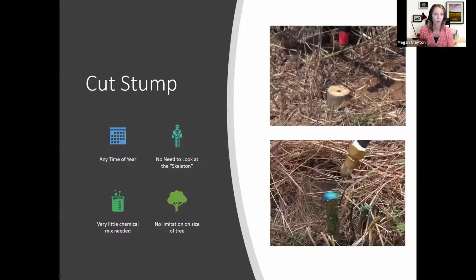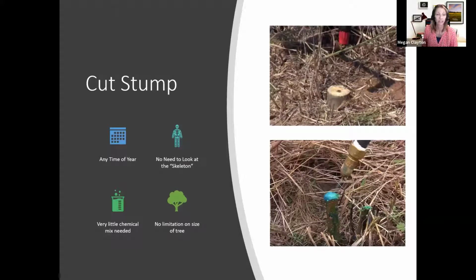So for cut stump, it's nice because you can do it any time of year, and it's also a great treatment option for hayed lands because a lot of times people don't want to leave those trees or those skeletons standing for a full year, and so their only option really is a cut stump treatment.